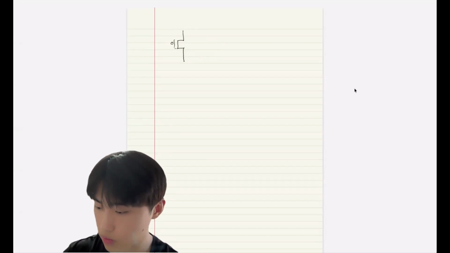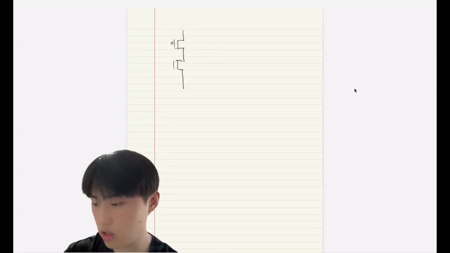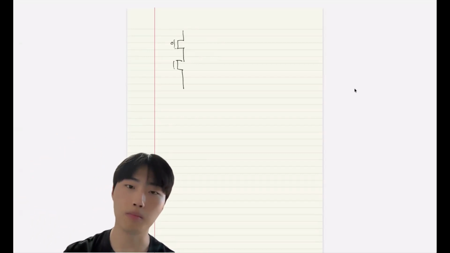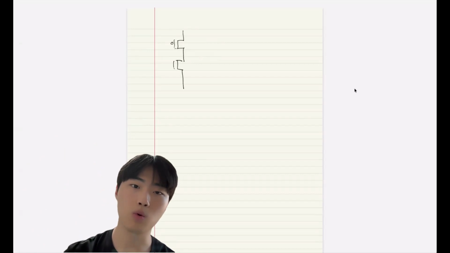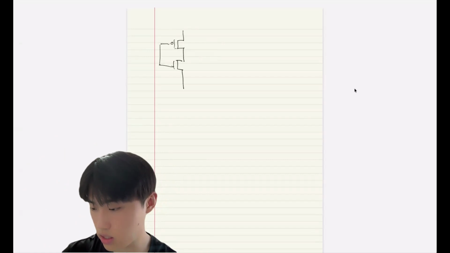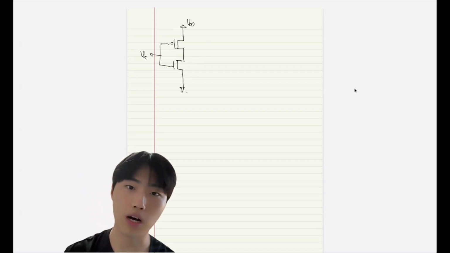So we can draw like this. So the top part will be the PMOS and the bottom side will be the NMOS. So we use the same gate bias, and it will be the VDD and it will be the ground.